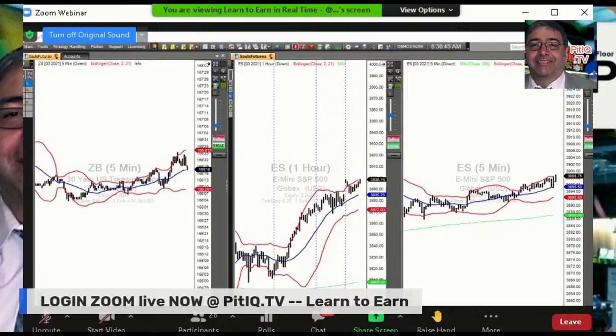If you were using some of our setups, maybe it was a little bit of a buy there when it dipped down to the pivot area at 96. If you had a reason to buy it, maybe you could have gotten long there and tried to scalp the market when it popped up a couple of points.